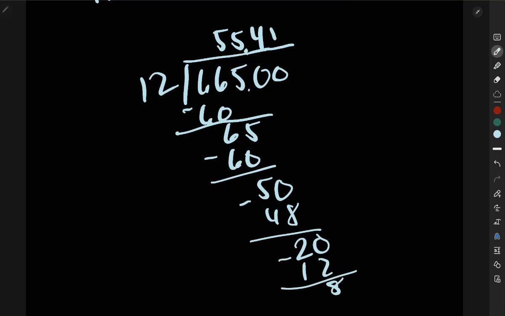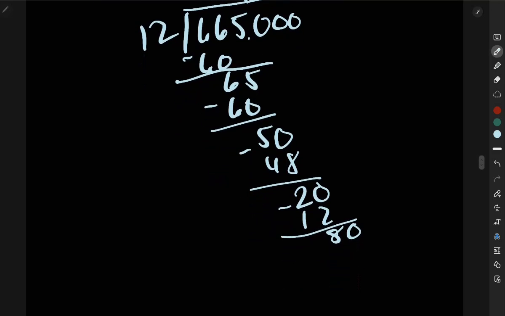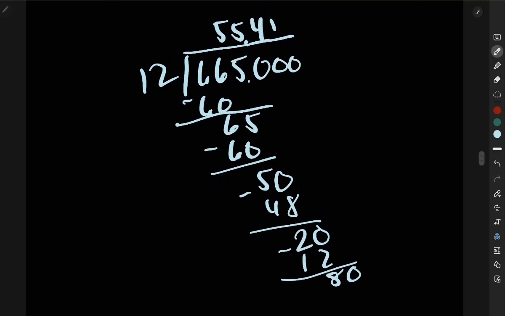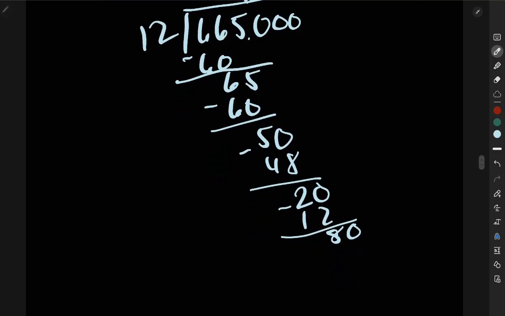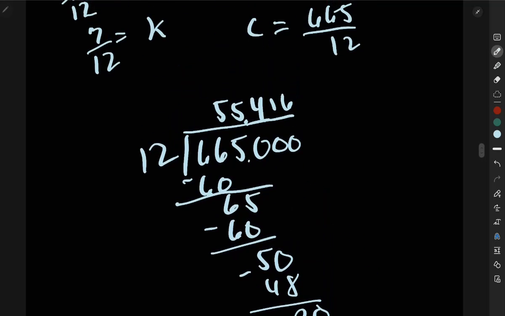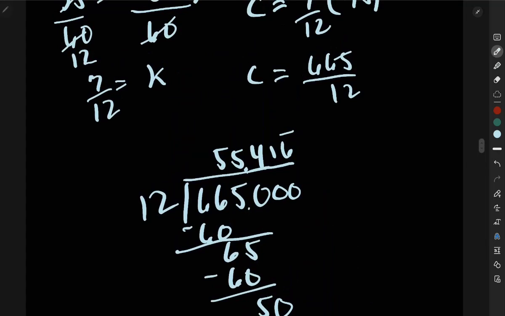And then 8. And then I'm going to add one more 0 so that we will know whether we round up or retain. So what's the closest for 12? 6, because 6 times 12 is 72. And then 8. So it's a repeating 6. Okay, so we're going to round off to 55.42.